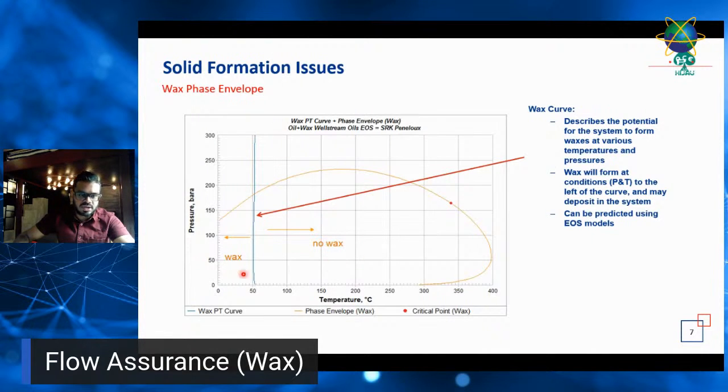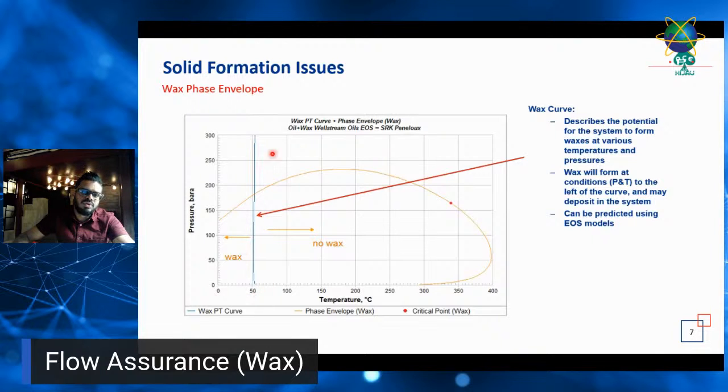How do we predict this particular line? It can be predicted using thermodynamic software, with a special equation of state model. The commercial software we use to predict this wax is, for example, PVTsim and Multiflash.